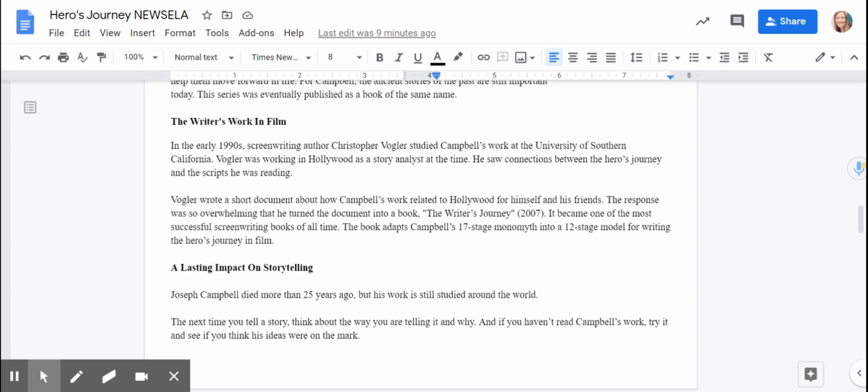The response was so overwhelming that he turned the document into a book, The Writer's Journey, 2007. It became one of the most successful screenwriting books of all time. The book adapts Campbell's 17-stage monomyth into a 12-stage model for writing the hero's journey in film, a lasting impact on storytelling.